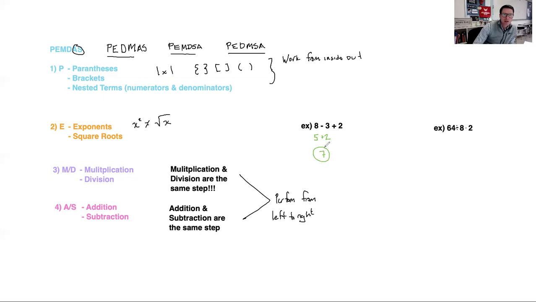If you are a strictly PEMDAS guy, we'll go red, your mistake is you're going to say, PEMDAS says I need to add before I subtract. So I'm going to add 3 and 2 and get 5. And so my next line would be 8 minus 5, which would get me 3. If you got 3, this is wrong.